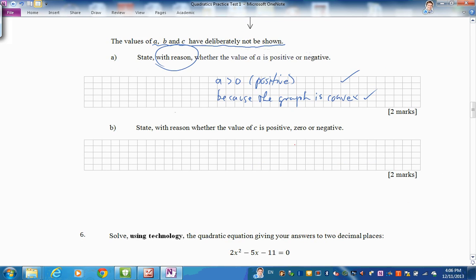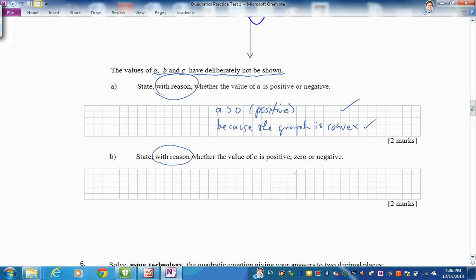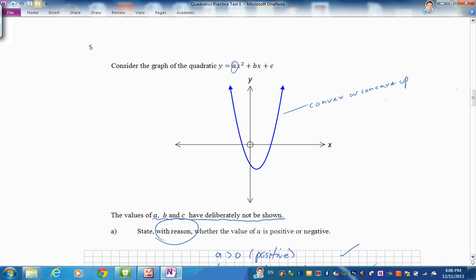State with reason, here it is again, whether the value of C is positive, 0 or negative. Now the value of C, this value, is when you put x is naught, those disappear and you get C. So along the y-axis, x is naught, so the C value is the y value where it cuts the y-axis.